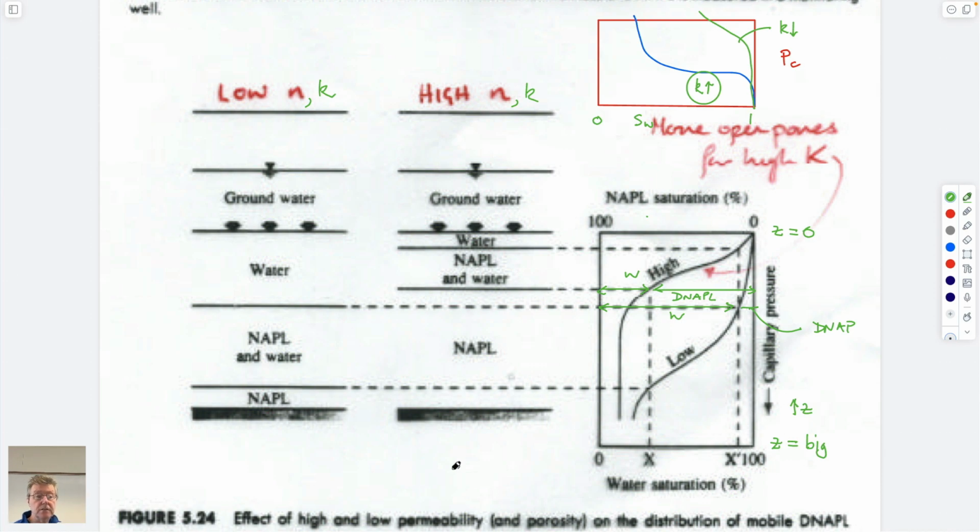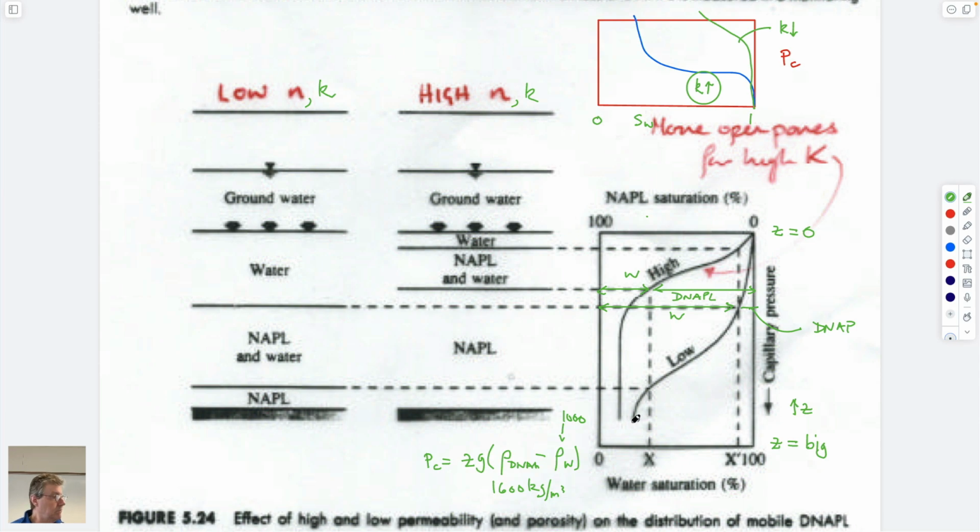So capillary pressure increases with depth because we know that capillary pressure equals Z times g times (rho DNAPL minus rho water). So this is probably 1,600 kilograms per cubic meter. This is 1,000, as you know. So it's denser than water, hence it sinks.